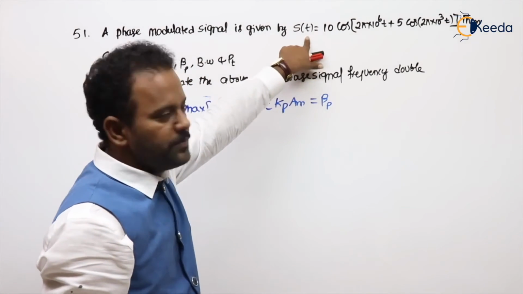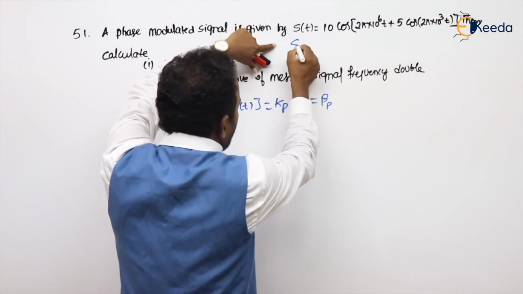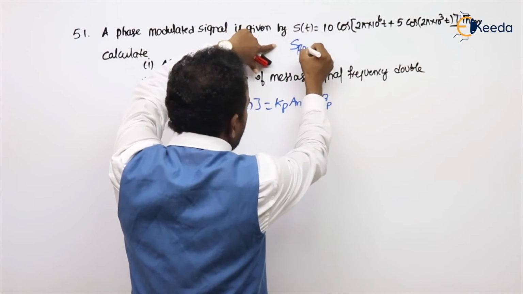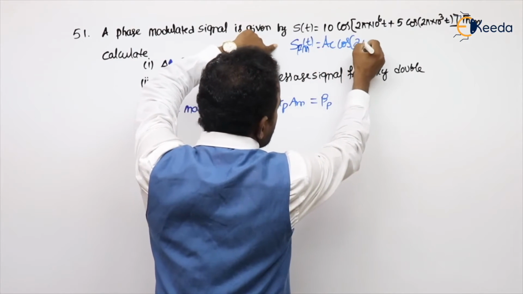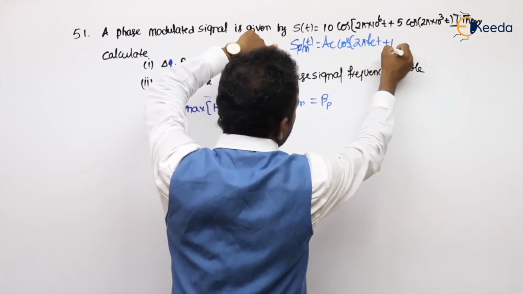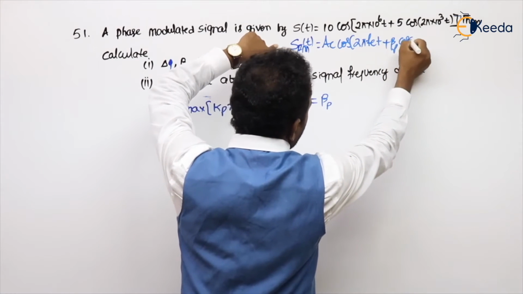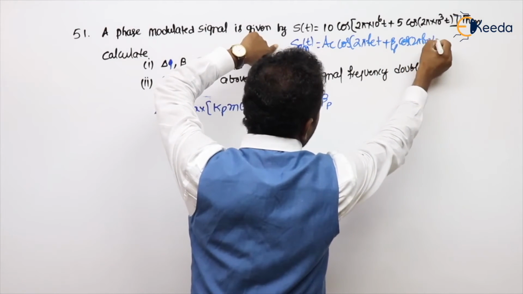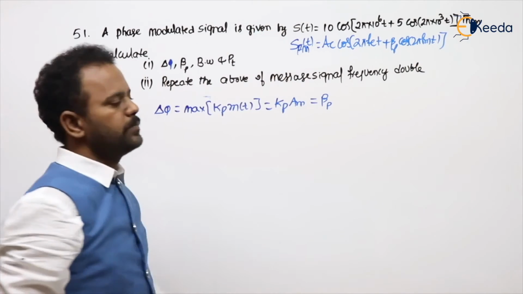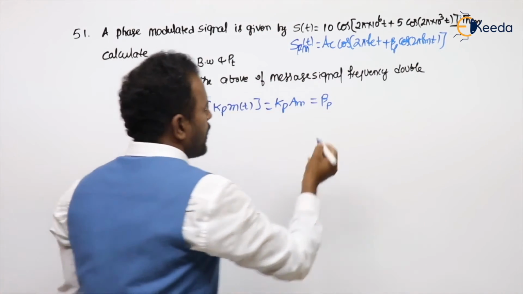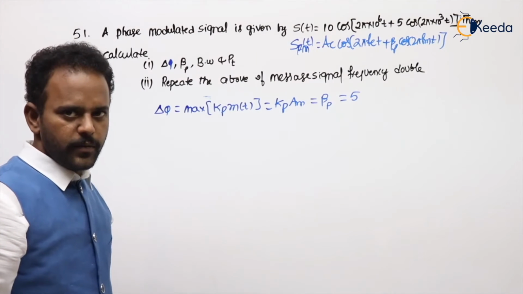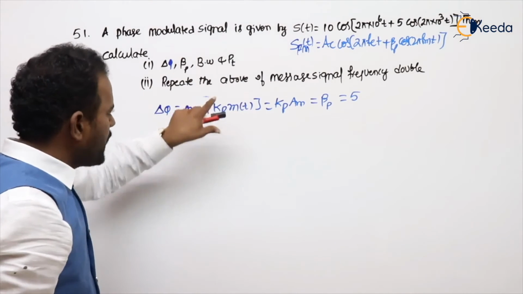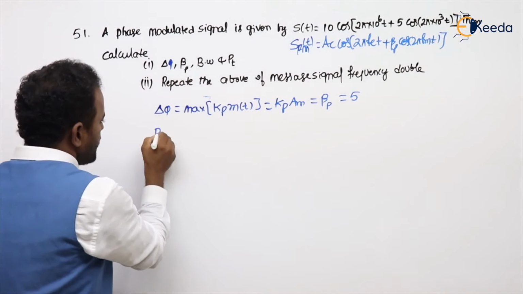See the expression. What is the general expression for PM, expression number 17? You got Ac cos 2 pi fc t plus beta p cos 2 pi fm t. Try to compare. If we compare, what is this value? It is 5.